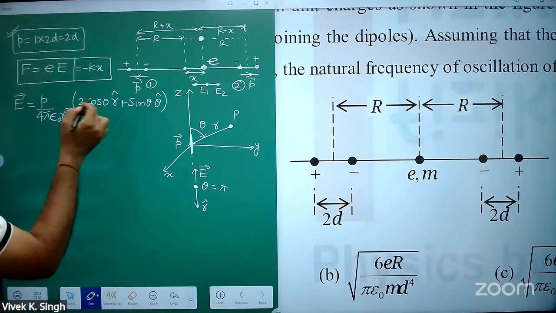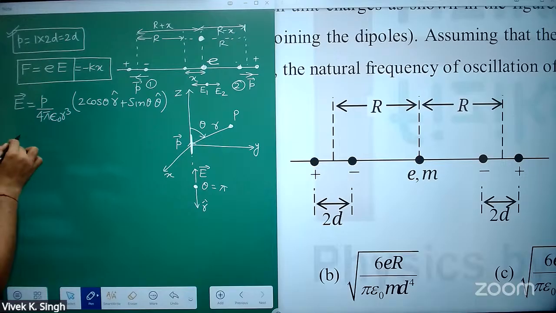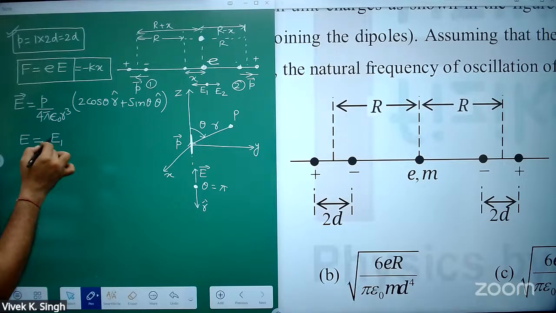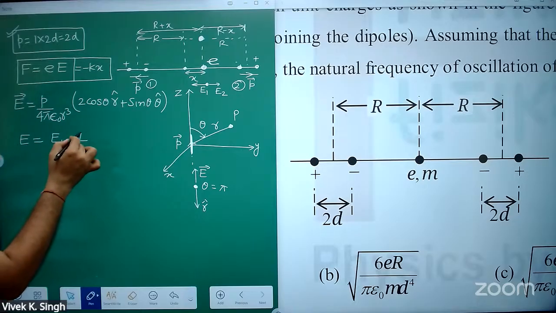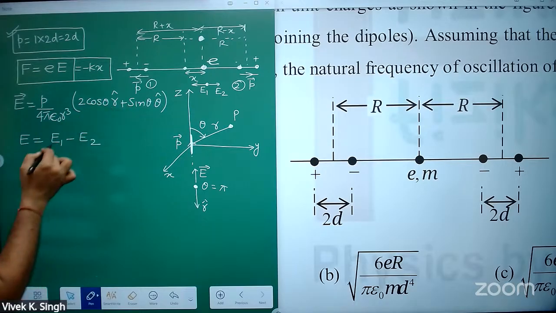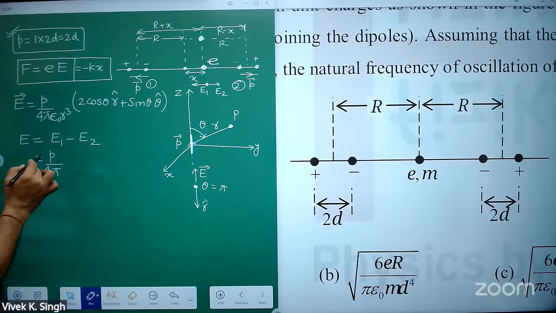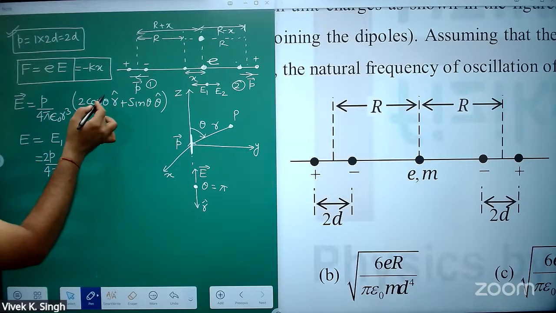So now the resultant field at point P, we are calculating as E1 minus E2. So E1 is what? You have to put theta equal to pi. So I am taking P by 4 pi epsilon naught, and taking 2 because the value is pi.